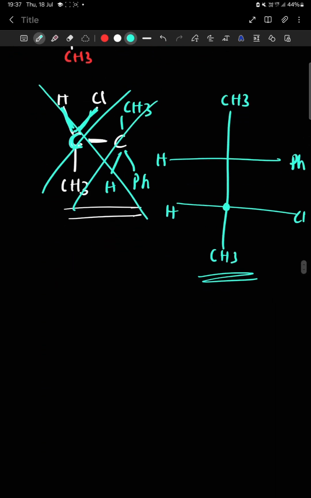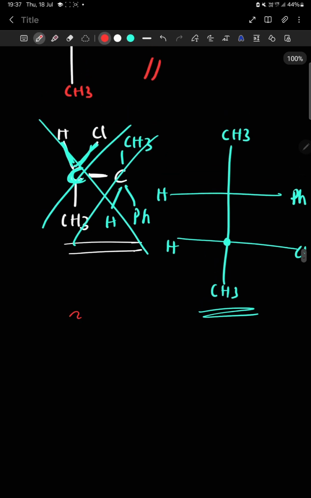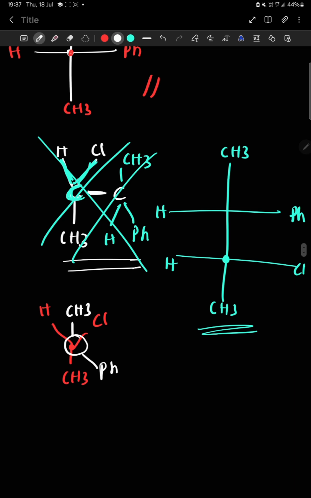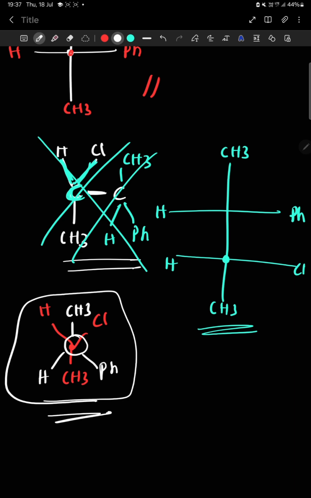Like I told you, you imagine this as the dot, and you represent H, Cl, CH3, and then this would be the circle. Again, that's a terrible drawing, but still, this is CH3, Ph, H. This is how that would look. But we cannot draw a Fischer projection.